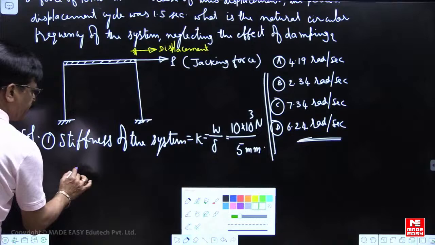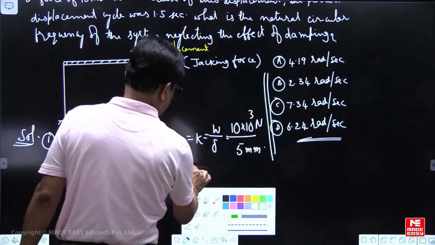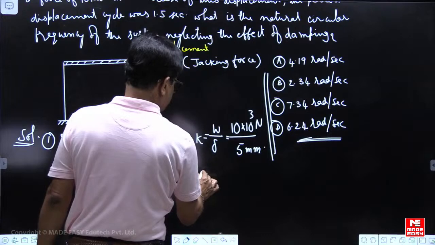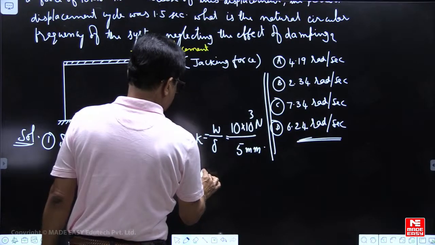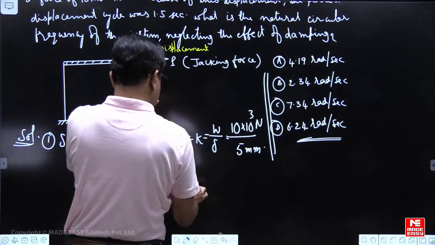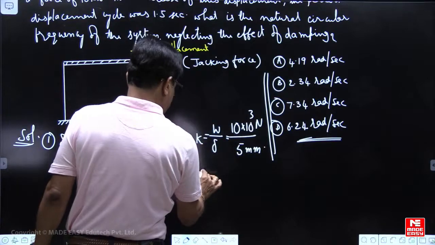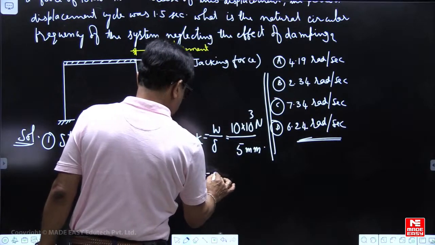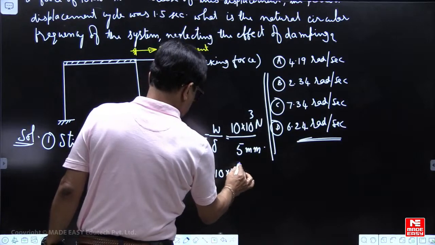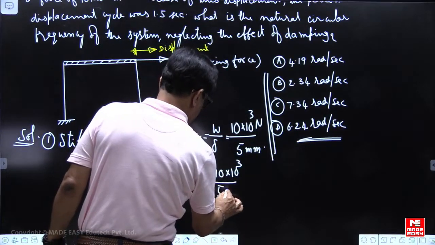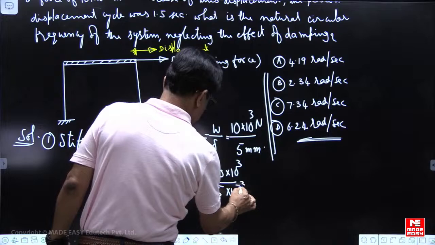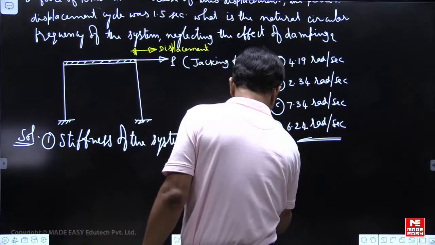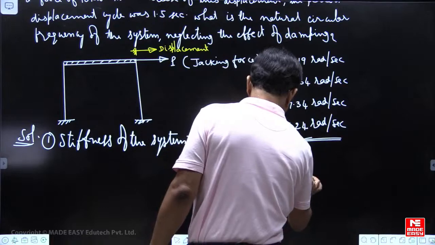So time period, W by delta means 5 mm, what you can write? 5 into 10 to the power of minus 3 meters. So stiffness becomes 2 into 10 to the power of 6.